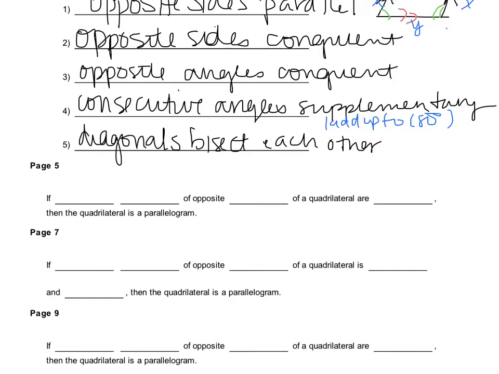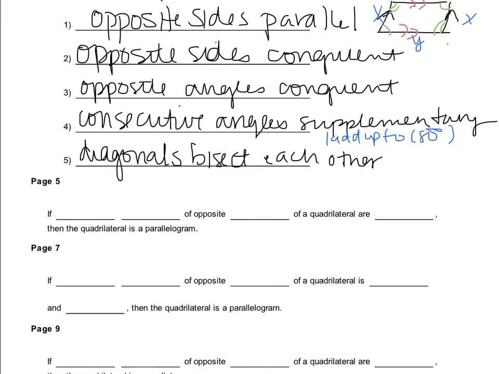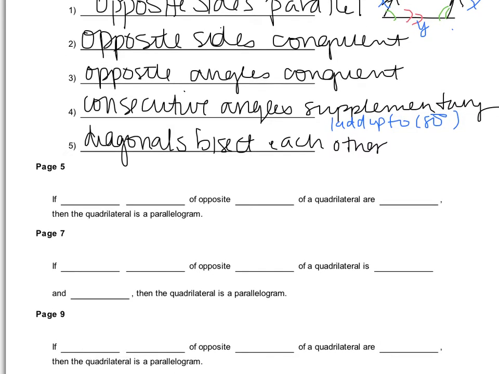Now, there's a couple of different combinations of these that we can actually use to prove that they're parallelograms. So the first one says, if both pairs of opposite sides of a quadrilateral are congruent, then we know for sure it's a parallelogram.